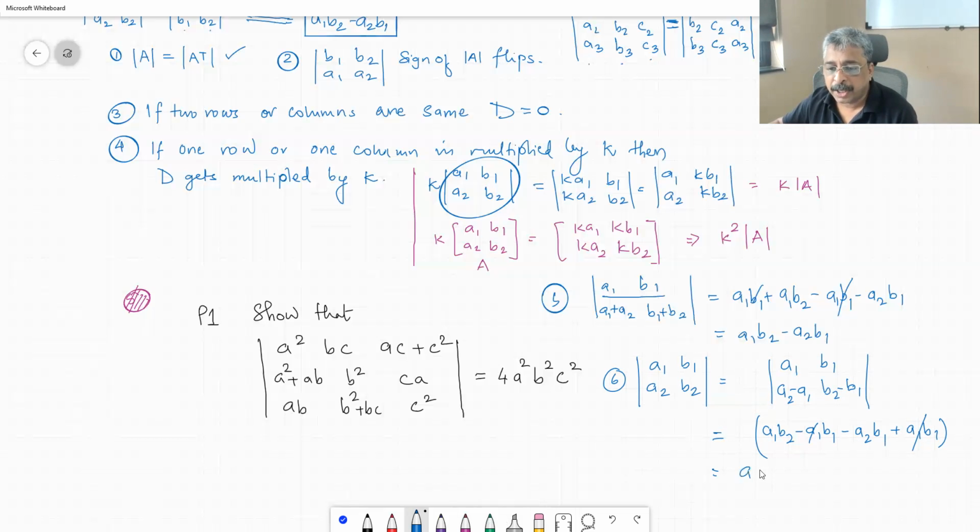This is a1 b2 minus a2 b1, which is the same as this. Okay, so these are important properties. Fifth and sixth: you can multiply any of the rows by some constant and add it to the second. The determinant does not change.